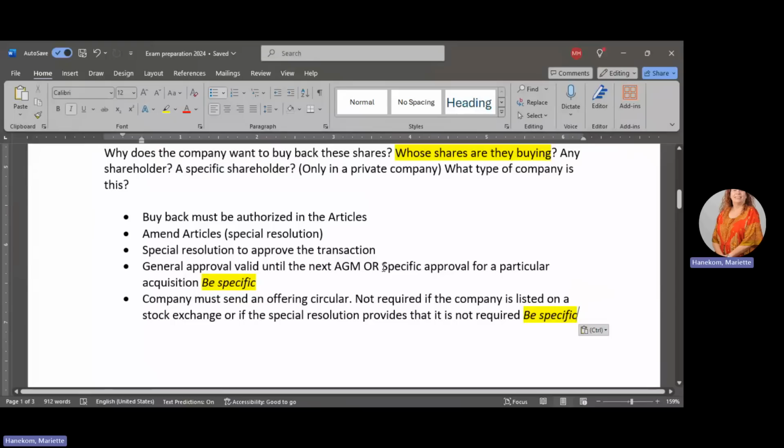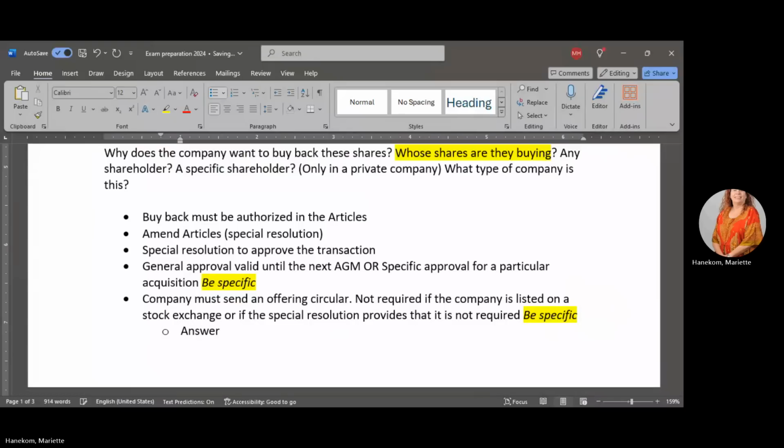If this was a specific approval, then your answer would rather be that it will not be required. An offering circular, think about this.